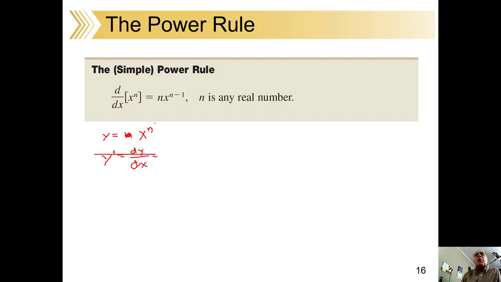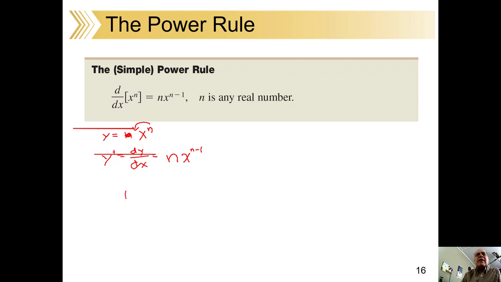The point of the power rule is you take this power, the n, and bring it out front. So the derivative will be n goes in front, and the power of x gets reduced by 1, n minus 1. It's that easy.